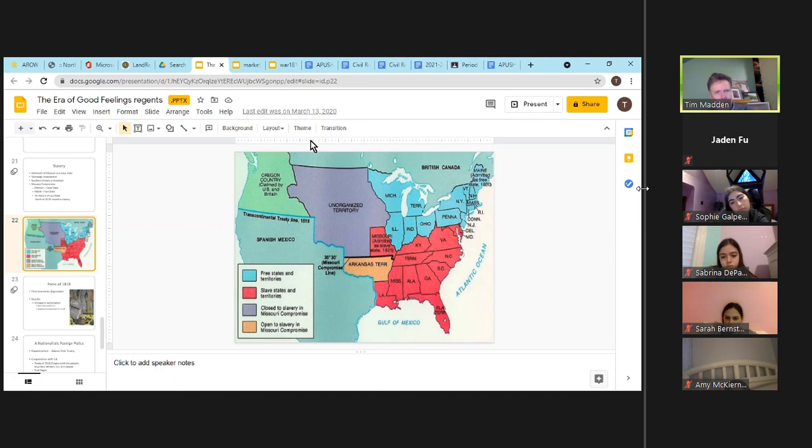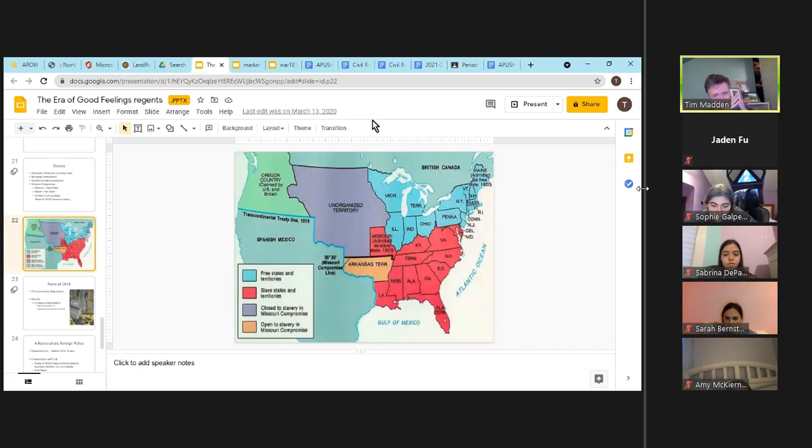It divides the North and the South. So it's a good thing to know. But anyway, there you see the 36°30′ line. As you can see, the North seems to get a much better deal, right? And later on, just to give you a little preview, over time, the South increasingly gets upset with this deal and wishes that they hadn't agreed to it.